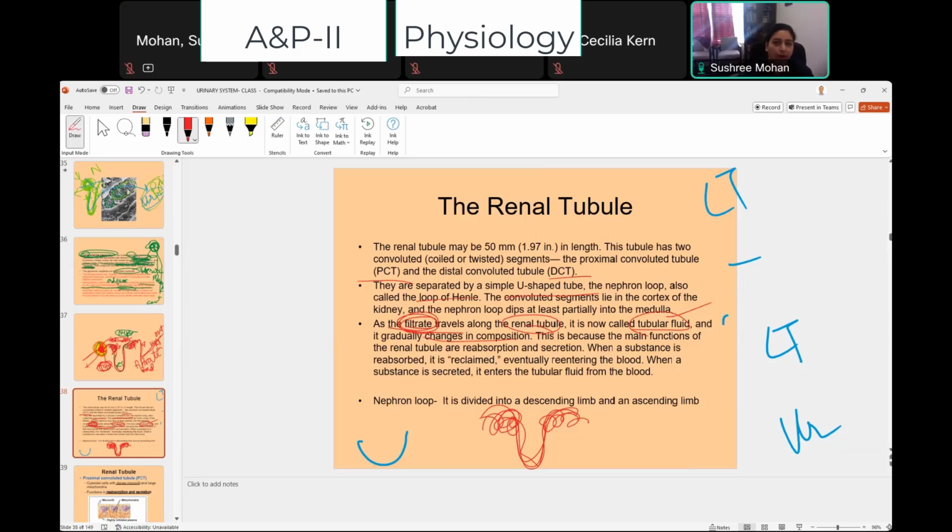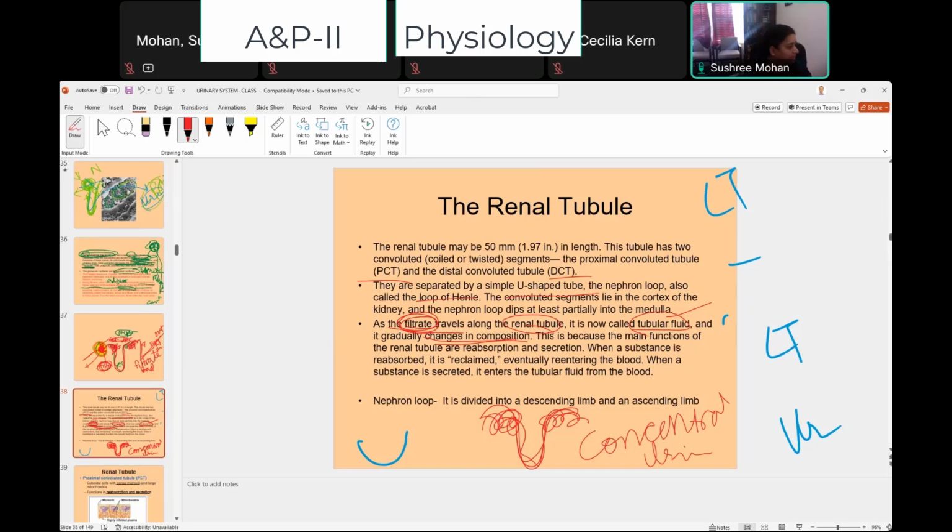So you have to make it concentrated urine. You cannot make it dilute urine. If you make it dilute urine, it means good substances escaped from the body, and homeostasis will be disrupted. That is why the composition will change. It will be more concentrated urine now.